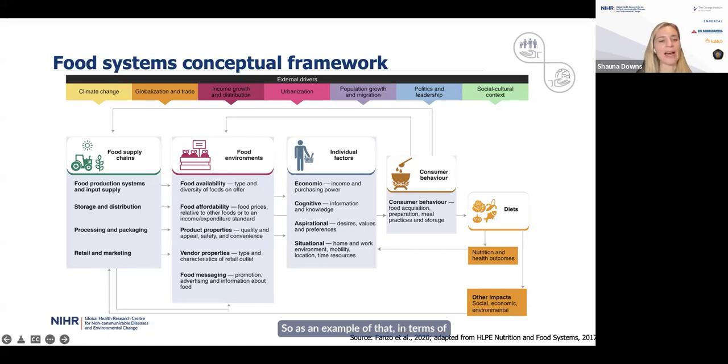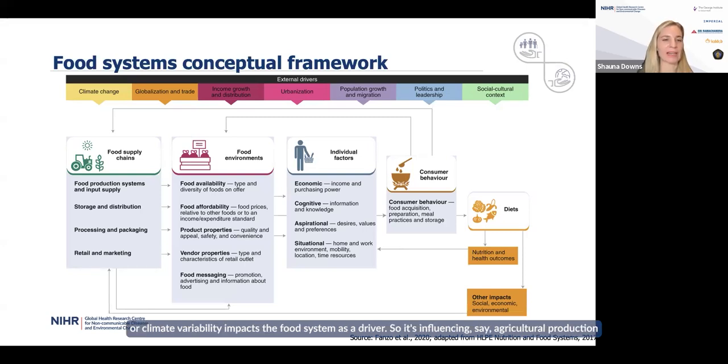So as an example of that, in terms of feedback, if you think of climate change, so climate change or climate variability impacts the food system as a driver. So it's influencing, say, agricultural production, what foods are available and affordable within the food environment, and then what people are eating.